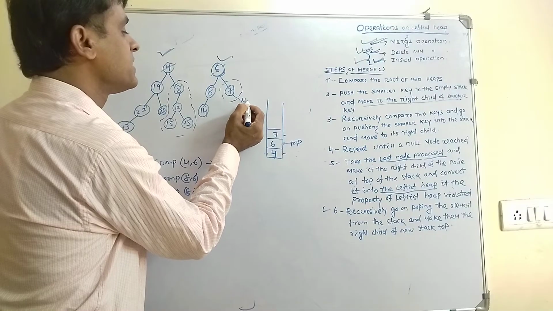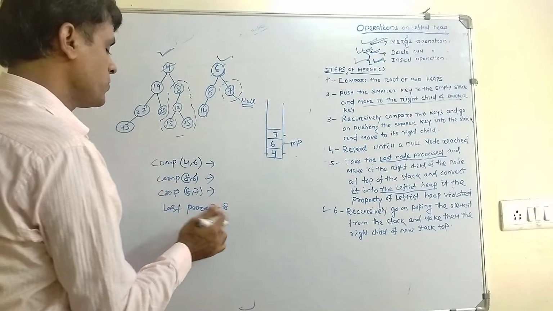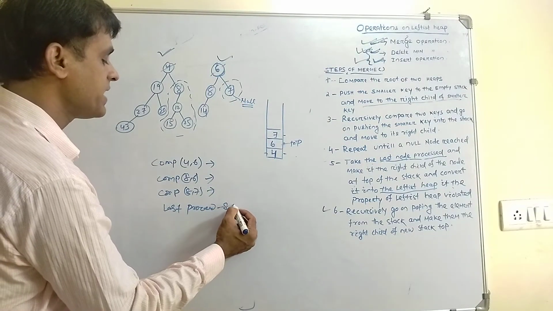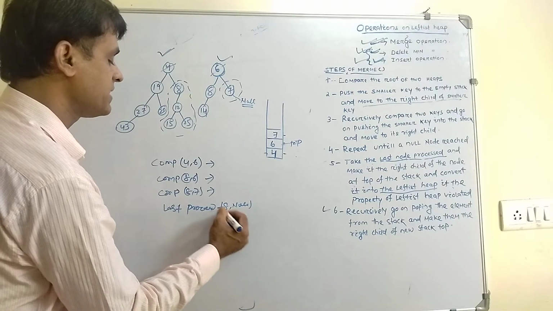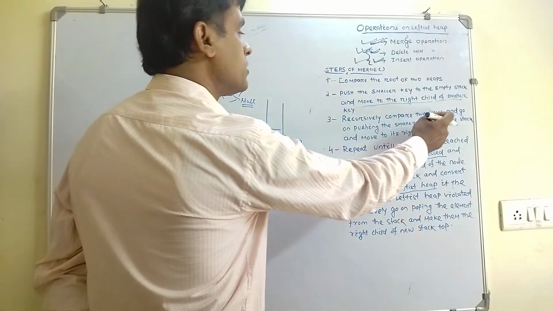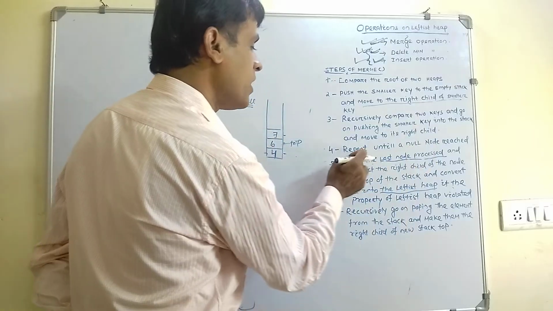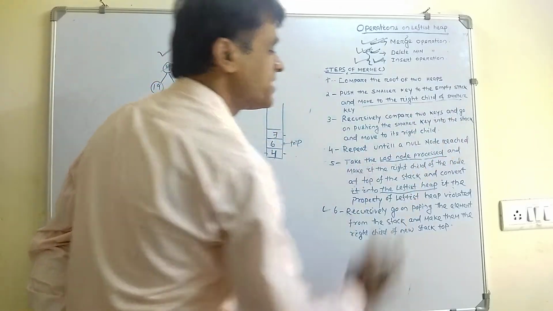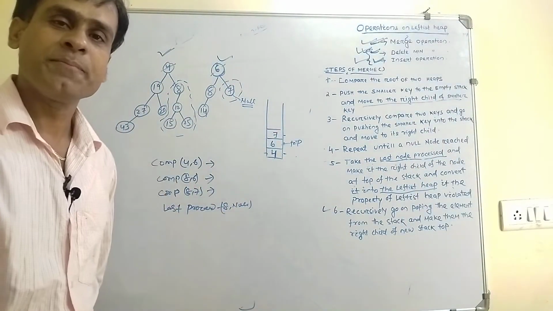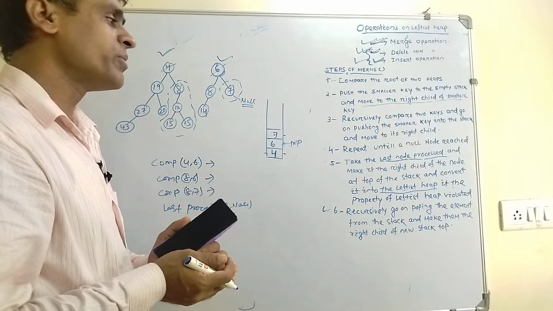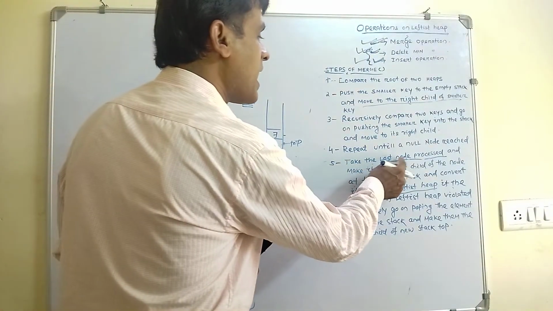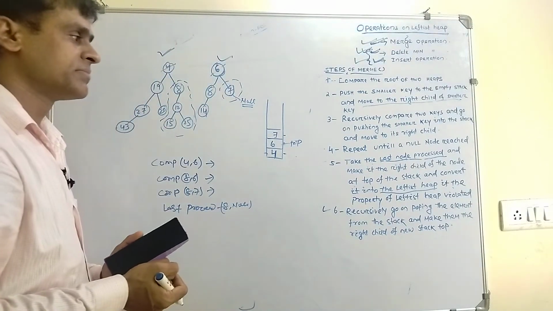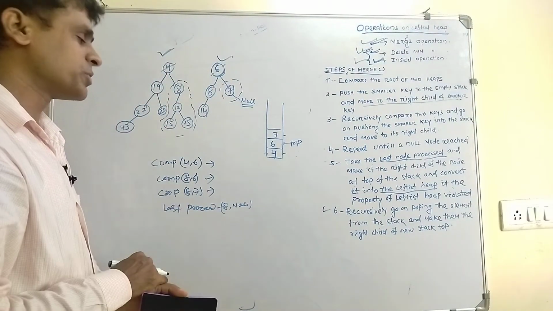The right child of 7 is null. So when the last processed node is 8 and we compare it with a null, it says to recursively compare the two keys and go on pushing until a null node is reached. Now a null node has come. So when a null node comes, take the last node processed.